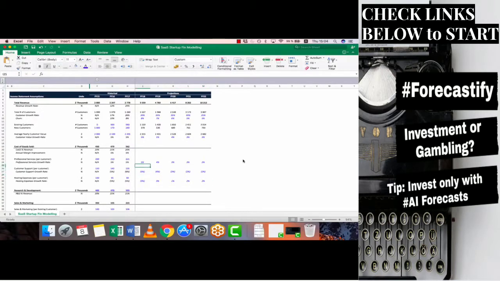Okay, so here we are, professional services is previous year times 1 plus our projection growth rate, and the same across. So the same formula here, and same formula here.